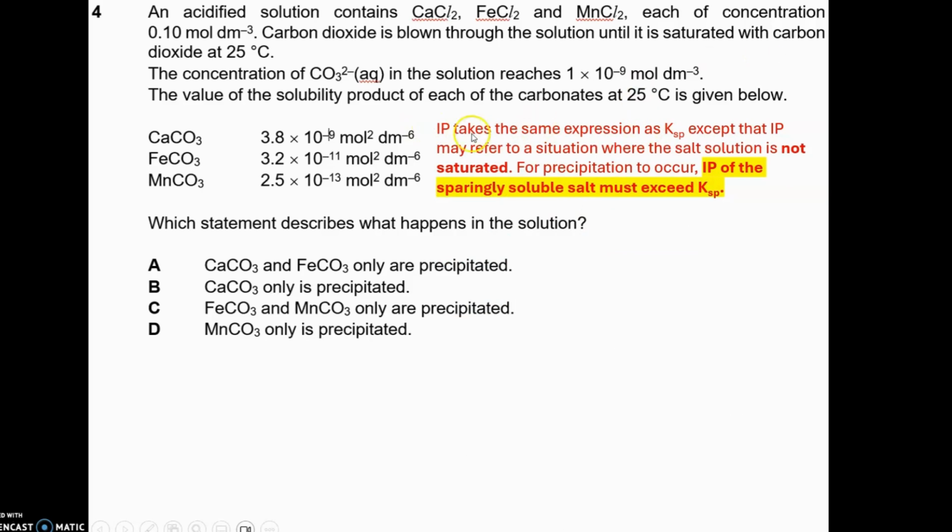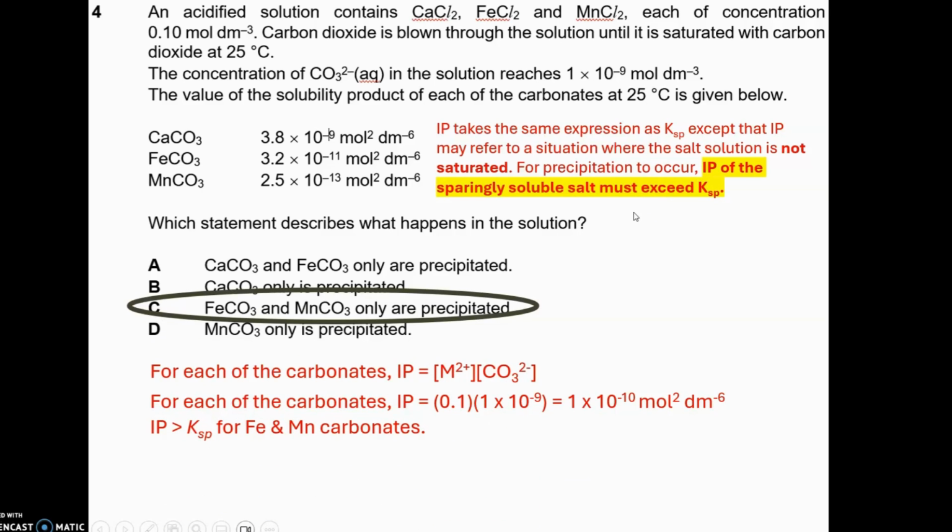The IP is following the same expression as the KSP, with the very major exception that KSP refers strictly to saturated solutions, but IP may be under situations where the salt is not saturated. And for a precipitate to form, the IP of the sparingly soluble salt must exceed the KSP.